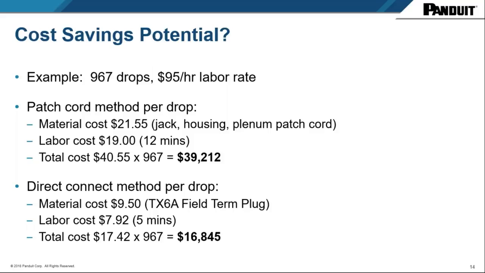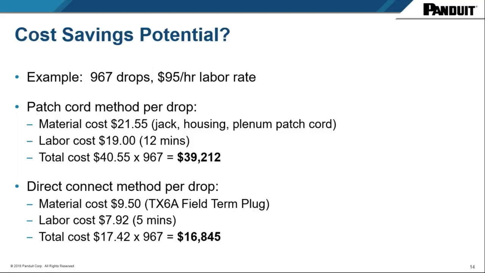The labor cost now is quite a bit less. It's only 5 minutes of labor because the only termination that we're doing in the field is the termination of the field term plug. We're not terminating the jack and then having to mount the jack and then having to handle the patch cord and so forth. So now we've got only 5 minutes of labor at just shy of $8. The total cost per drop is less than half.